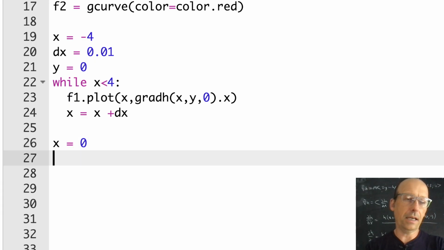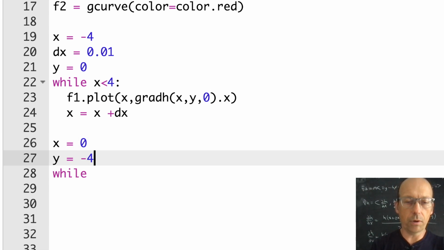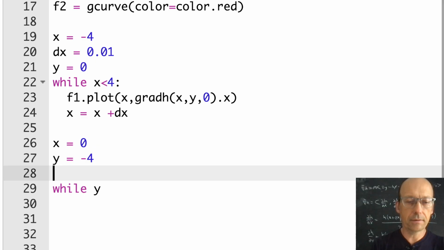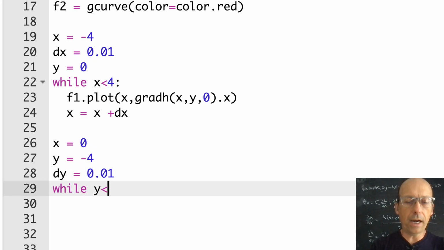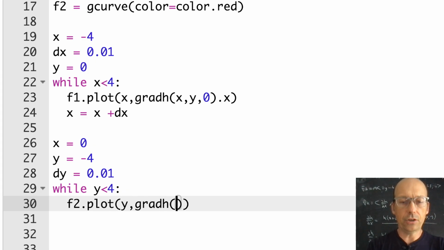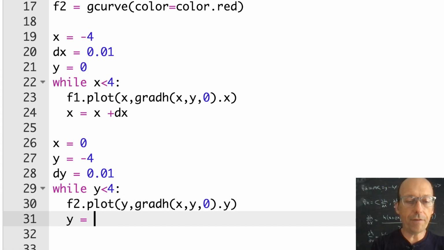And then I'm going to say while y, and y is negative 4, and then dy, 0.01. While y is less than 4, f2 dot plot y grad h x y 0 dot y. I want the y component now. And then I'm going to increment my y value, y equals y plus dy.